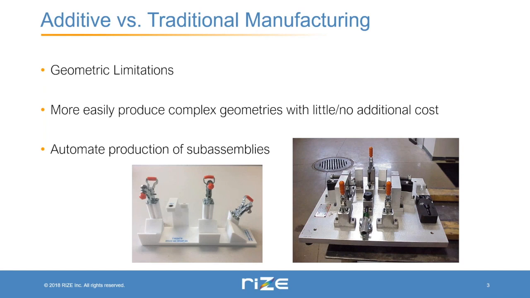So some of the things that make component consolidation easier to accomplish with additive manufacturing versus traditional manufacturing are, for one thing, the geometric limitations of these two different domains of technologies. With additive manufacturing, you're typically able to produce much more complex surface geometries than with traditional manufacturing.